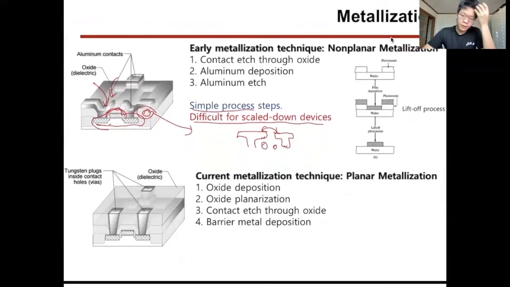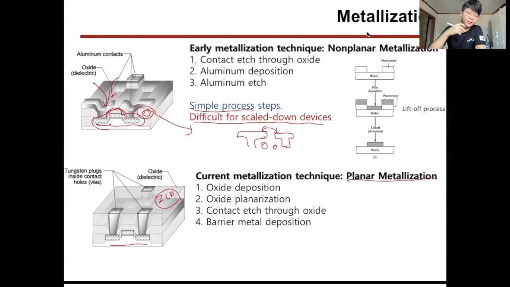And nowadays we use planar metallization. We first make a transistor shape, and then we add another layer like oxide, the ILD, the interlayer dielectric deposit.